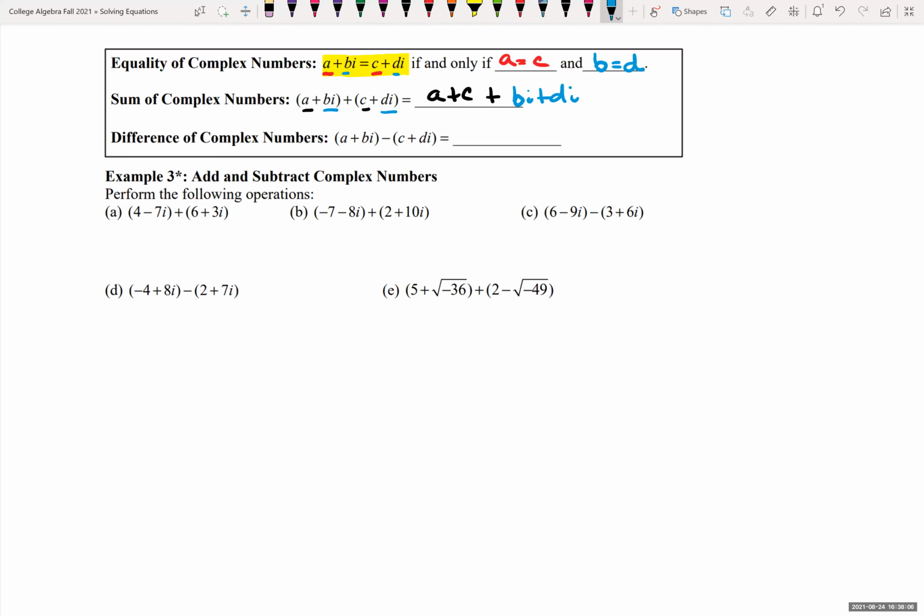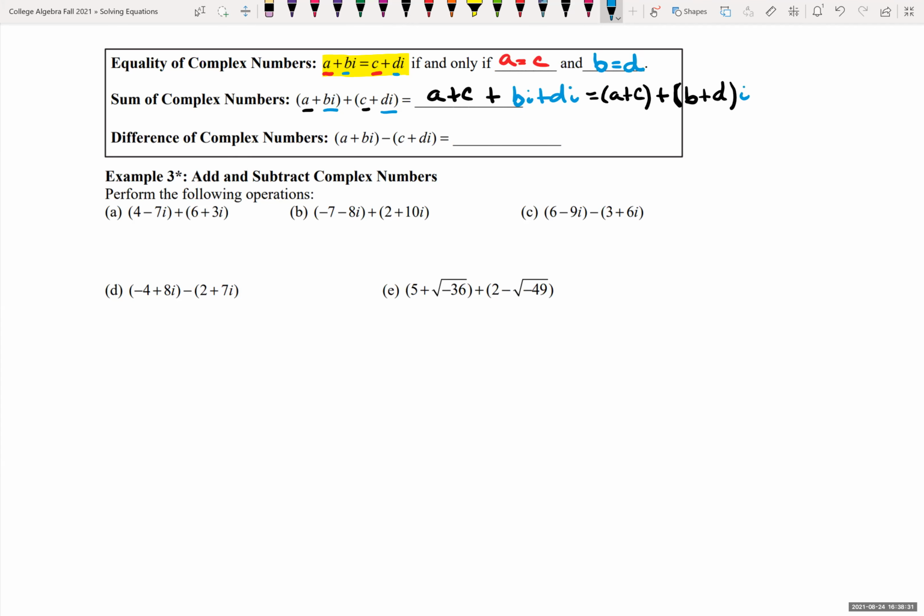But I could rewrite this, putting parentheses around the real part, a plus c, plus, notice I can factor out an i from my imaginary part. So I'm just adding the coefficients in front of the imaginary parts together, b plus d, and then it's all times my i.